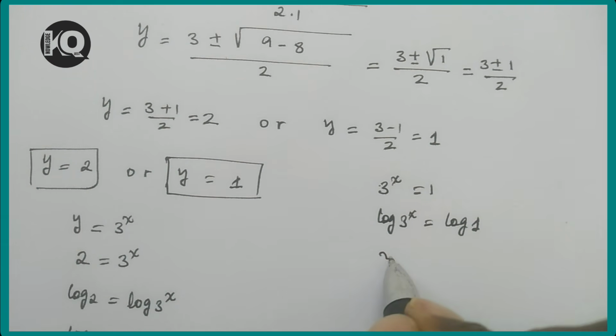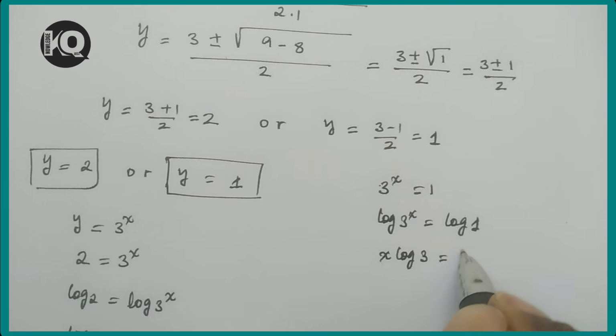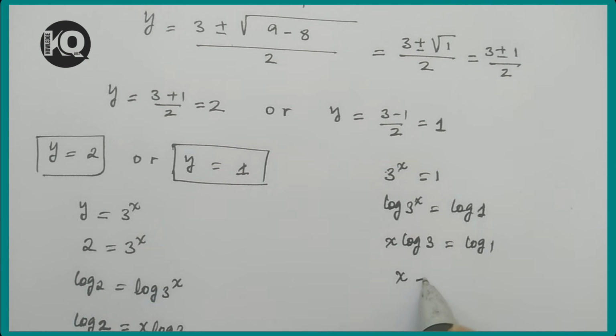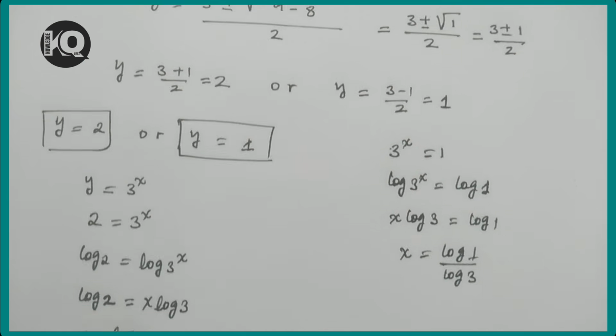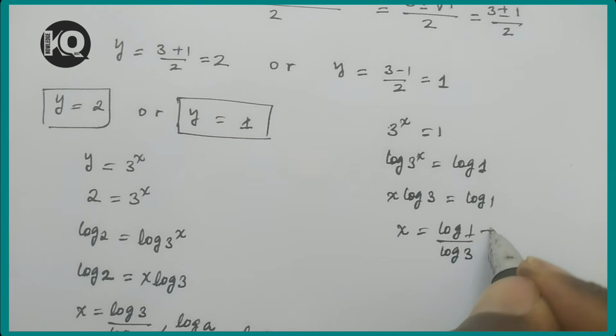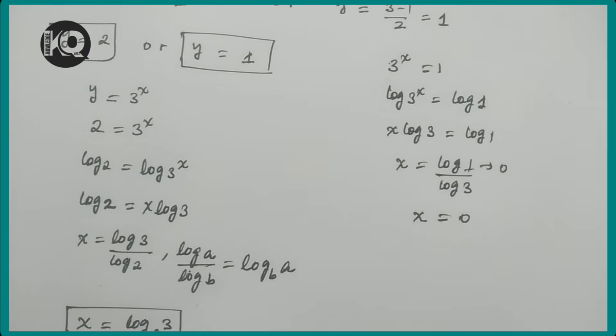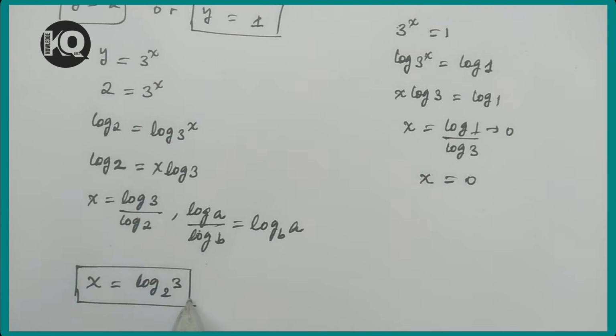So x times log 3 is equal to log 1, and x is equal to log 1 divided by log 3. We know that log 1 is 0, so x will be 0. We are asked to find the non-zero solution for x, so our solution will be the first one.